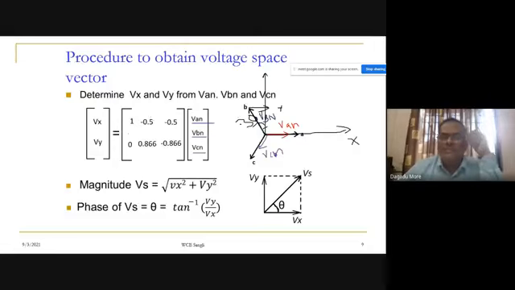Sorry, I made a mistake here. We have to resolve everything along the x-axis. We project VBN along the x-axis, and this is the magnitude we are interested in. Now this angle will be 30 degrees.